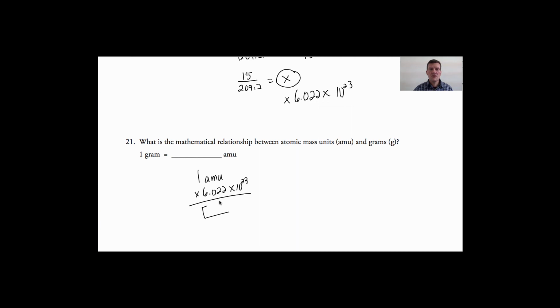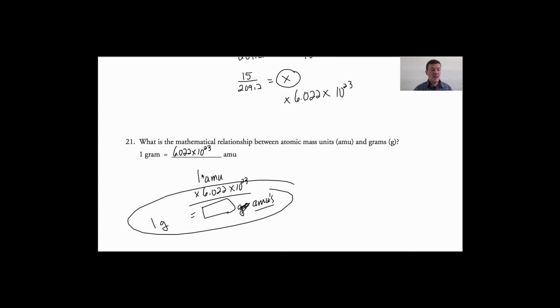Sorry, the number of AMUs in a mole of that. Okay, and that would give you, for hydrogen, 1 gram. So a gram is 6.022 times 10 to the 23rd AMUs. All right. I hope this is helpful.